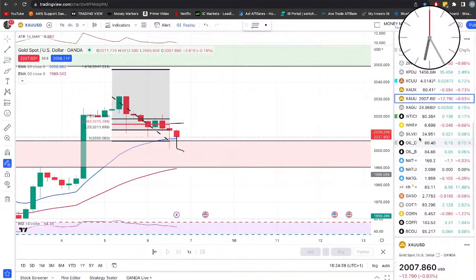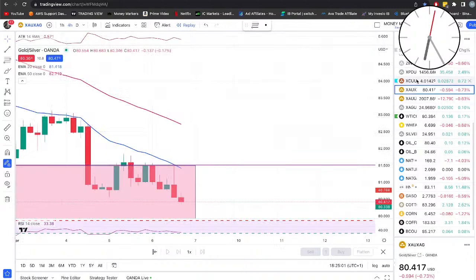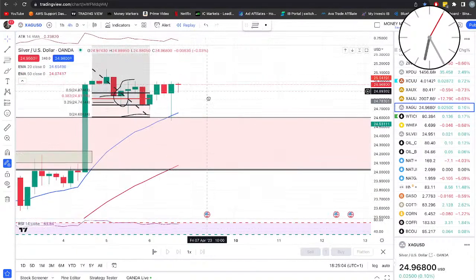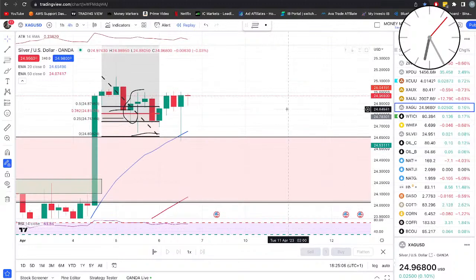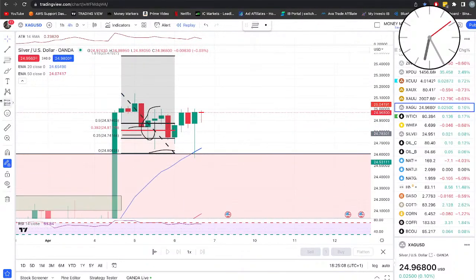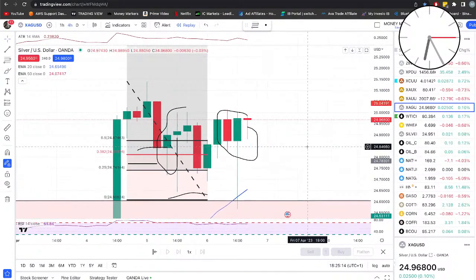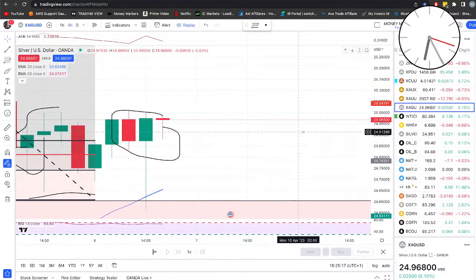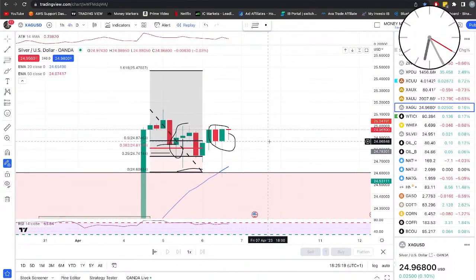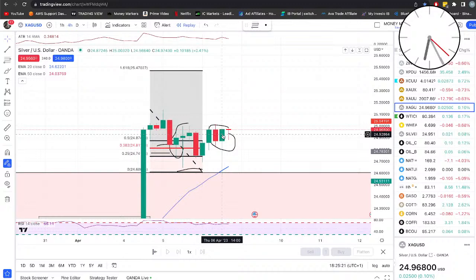So what do we have? Silver, yeah. For silver, I can see a good signal right here, and we have a nice bullish candle and an engulfing candle, a very valid signal for buyers. So expecting the price to push up from here, at least 24 points.